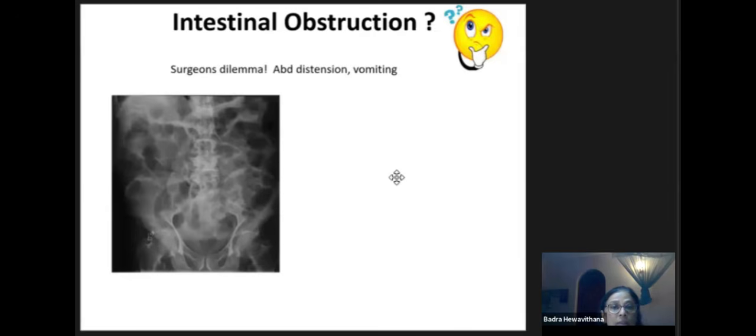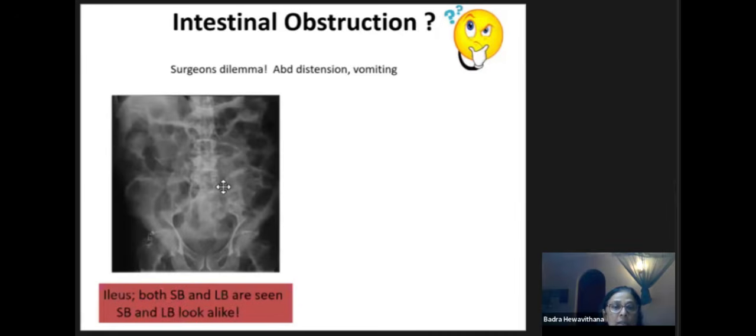No answer. Really disappointing. I thought surgeons are very sharp. If you see a jungle like this, you don't know whether it is small bowel or large bowel. Unless proved otherwise, it is ileus. Both small bowel and large bowel are seen, but you can't find out which is which.